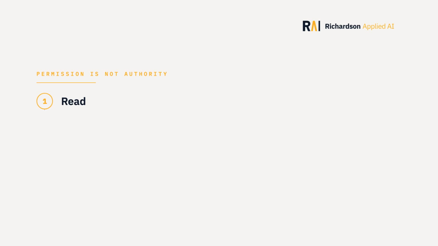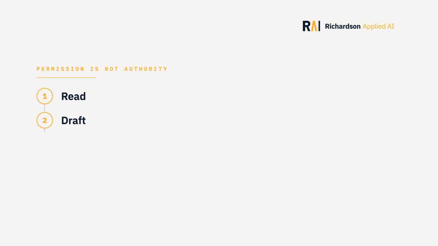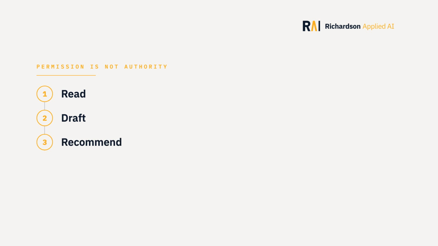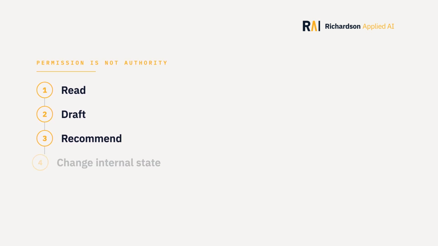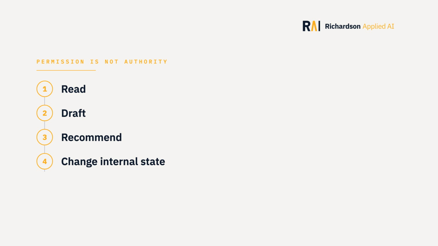Technical access tells you what the system can do. Business authority tells you what it is allowed to decide or cause. Mark each proposed agent action at one of 5 levels: read, draft, recommend, change internal state, or act externally. Sending, publishing, spending, committing, deleting, and other difficult to reverse actions belong in the last level.